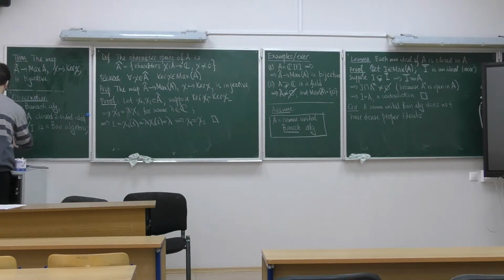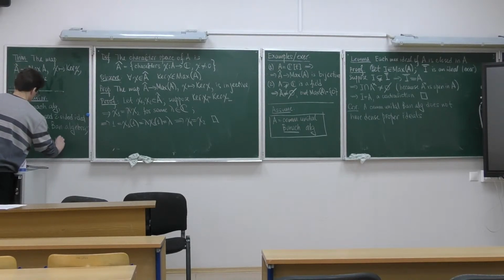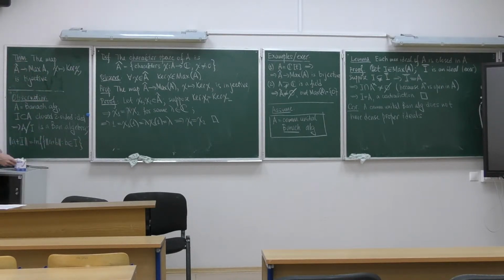The quotient norm is just the following infimum. Well, indeed, it's an algebra because we quotient out a two-sided ideal. It's a Banach space because the quotient of a Banach space modulo a closed subspace is a Banach space.